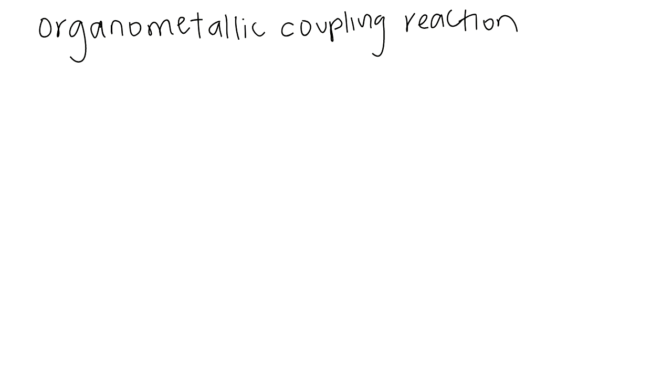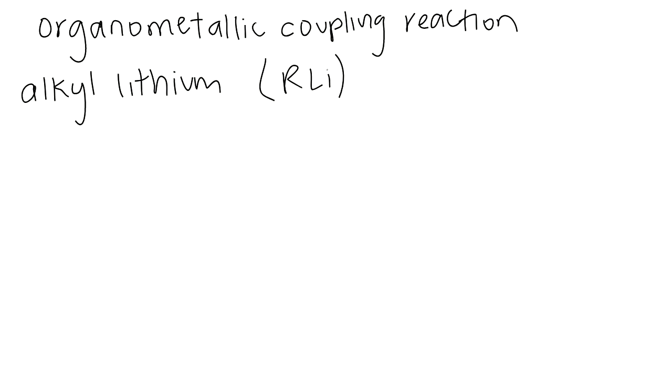This is the same idea as a Grignard reagent, but it has lithium instead of magnesium. So we call that RLi instead of having the RMgX. So just like the Grignard reagent, all organometallic compounds are going to be highly nucleophilic and it's going to be a strong base.